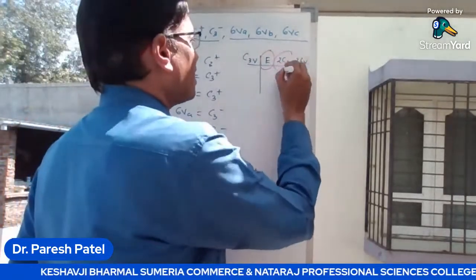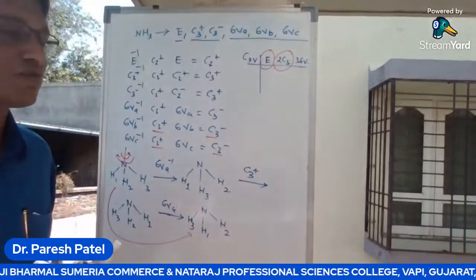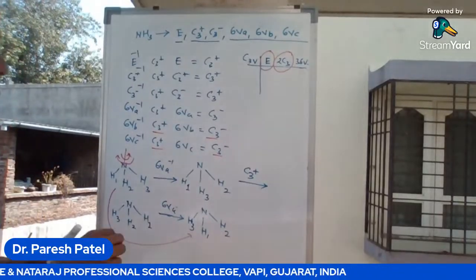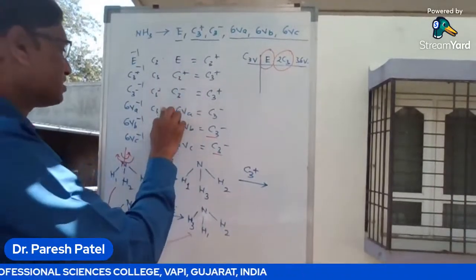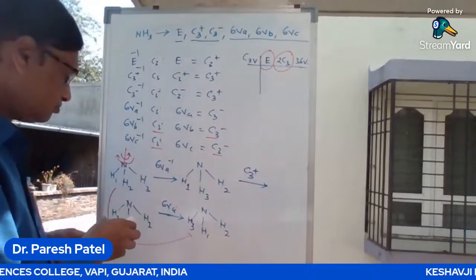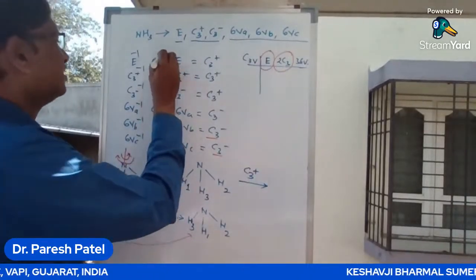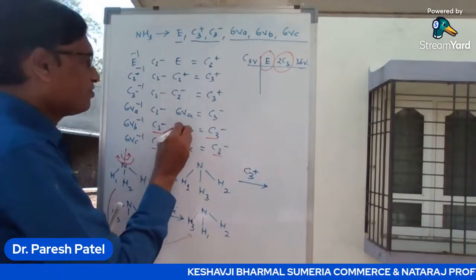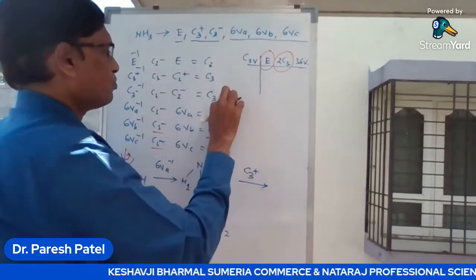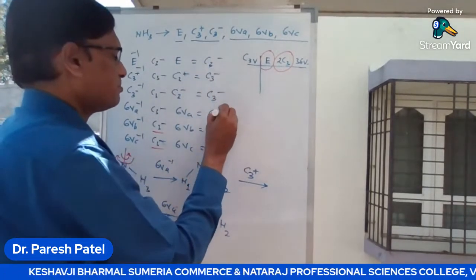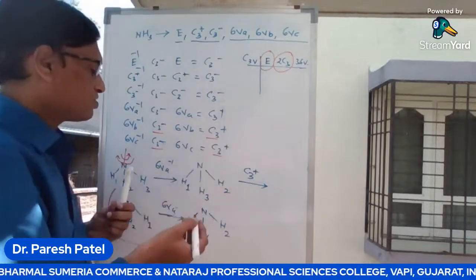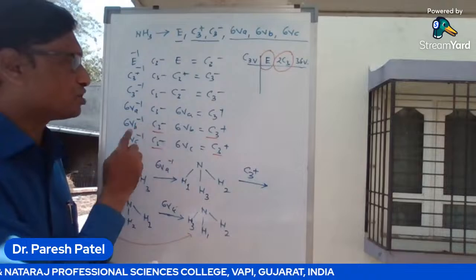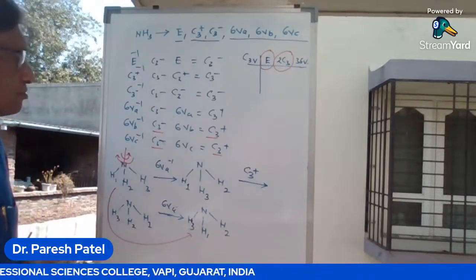It means the second class for the ammonia molecule is 2C3, that is C3 plus and C3 minus. Similarly, we can go for C3 minus, so the answer will be the same.